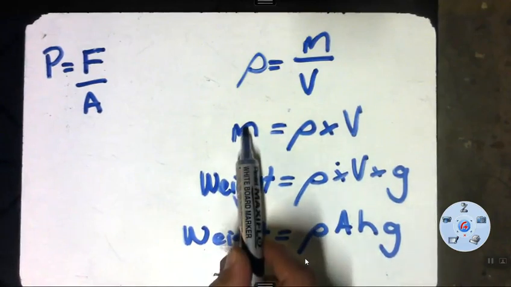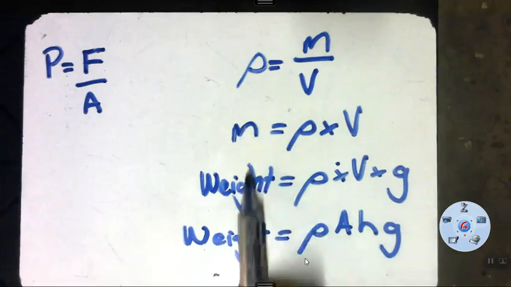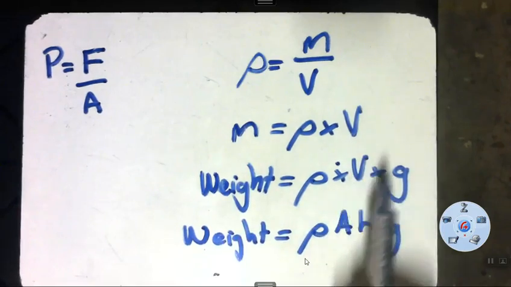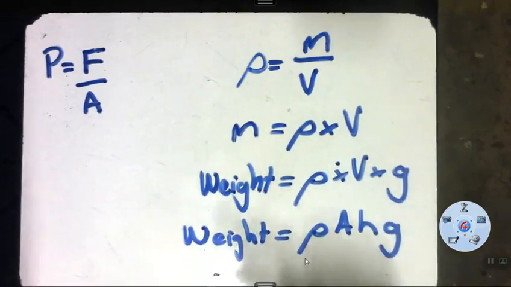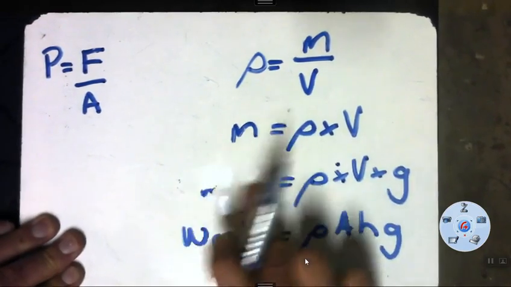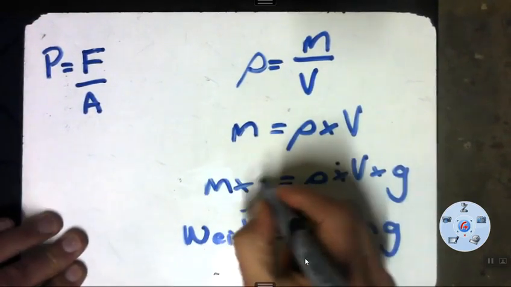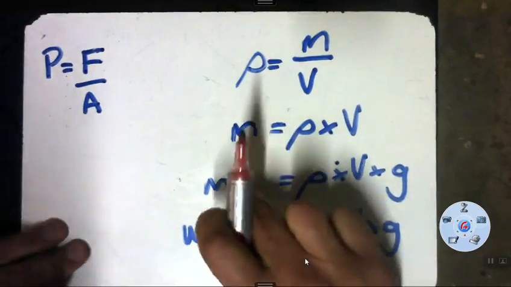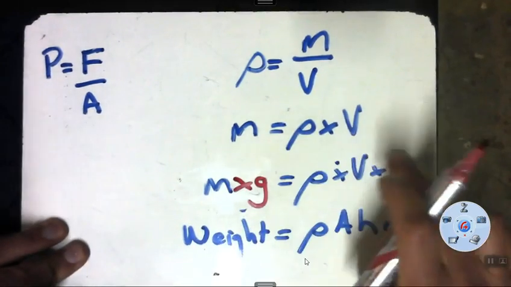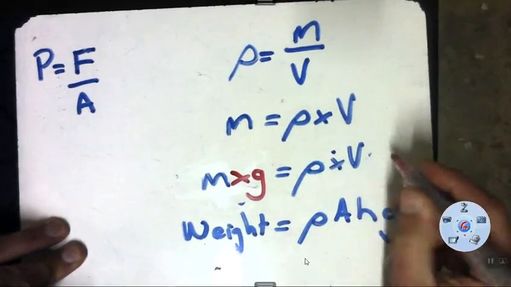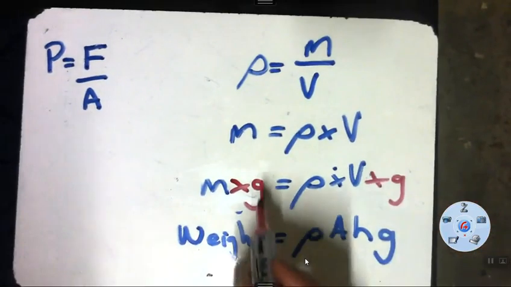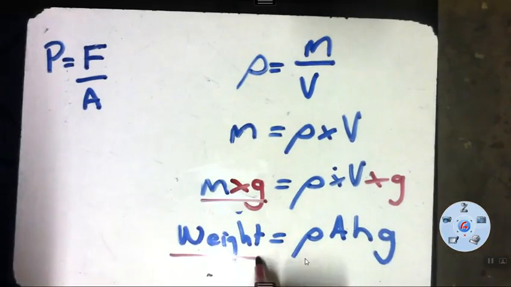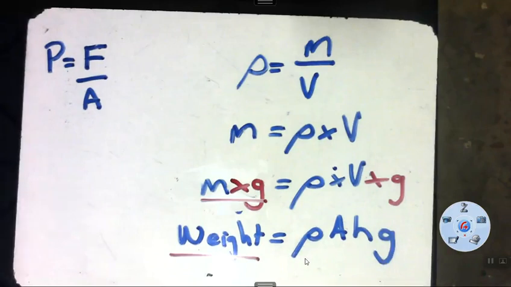So if I times mass times gravity on this side, I do it on that side. Same thing happens on both sides. So here we have m, and we're timesing g. Just to show you where the g comes from, we times with gravity on both sides. So mass times gravity becomes weight, and then we have this. And we know that volume is area times height.